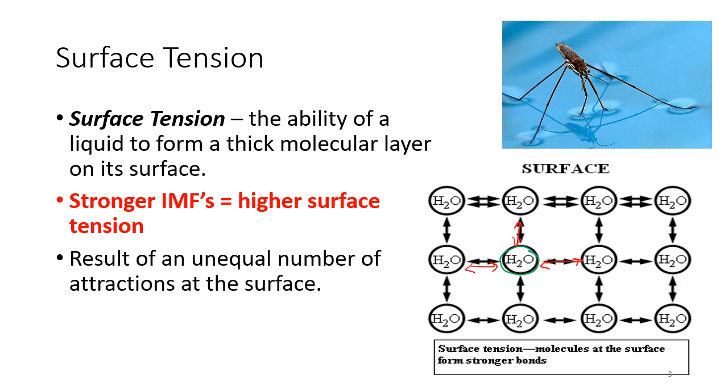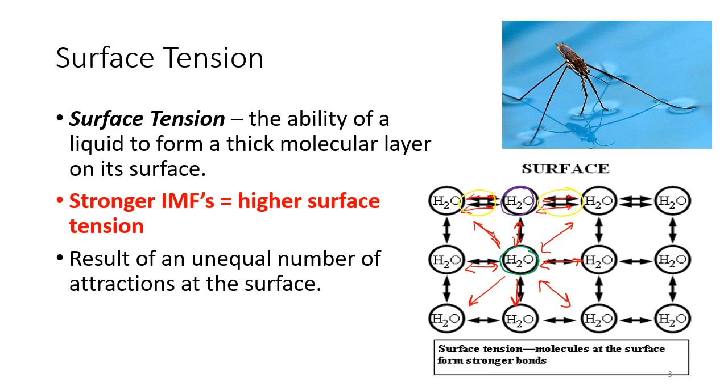So for example, this water molecule in the center can form different intermolecular forces with all of the surrounding water molecules because it's in the interior of the sample. Versus a water molecule on the surface layer. The ones on the surface can only form intermolecular forces between the molecules on the surface with it and right below it. Therefore, they overcompensate and form stronger bonds at the surface of the molecule, which forms the thick layer that we see for various liquids.